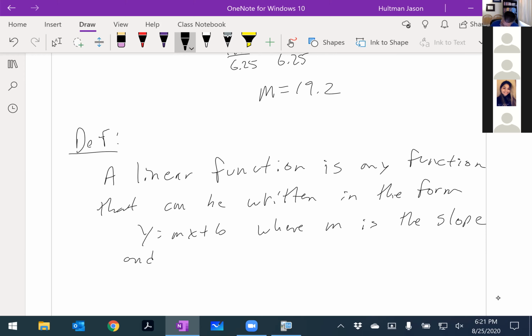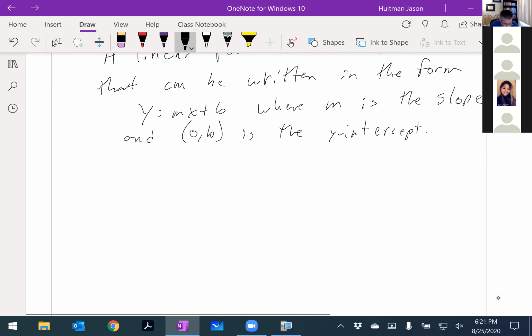And (0, b) is the y-intercept. So (0, b) is the y-intercept.